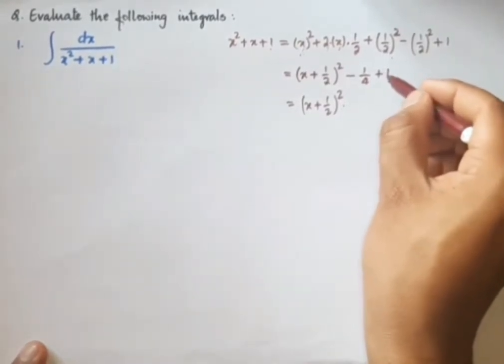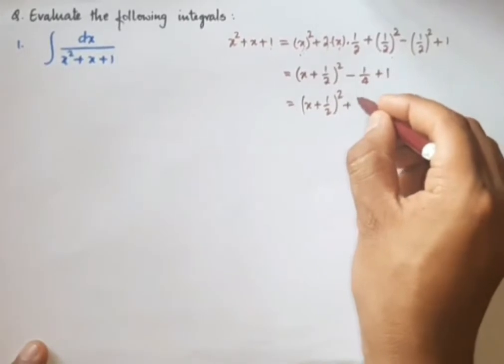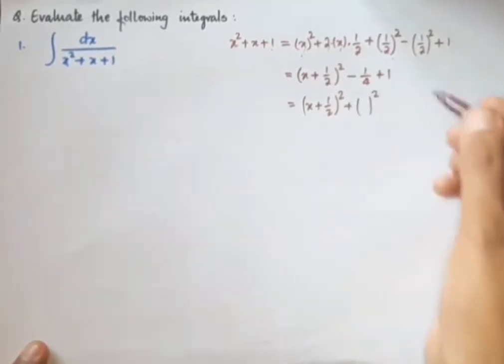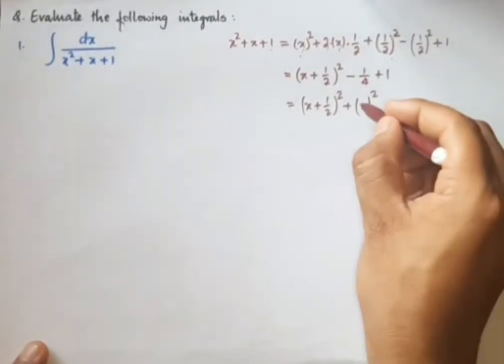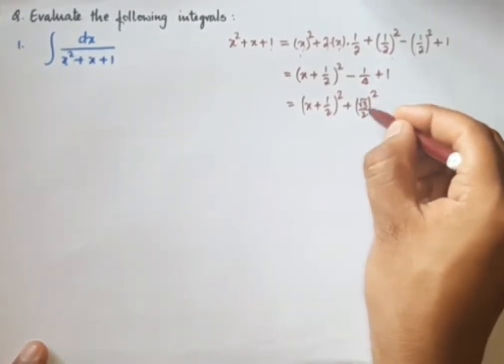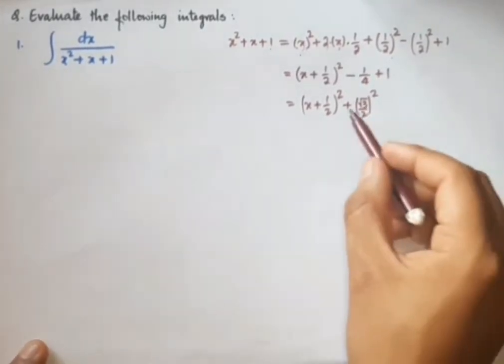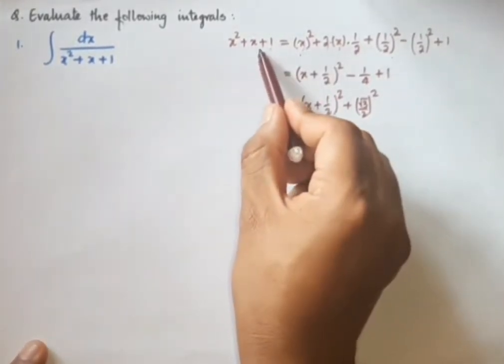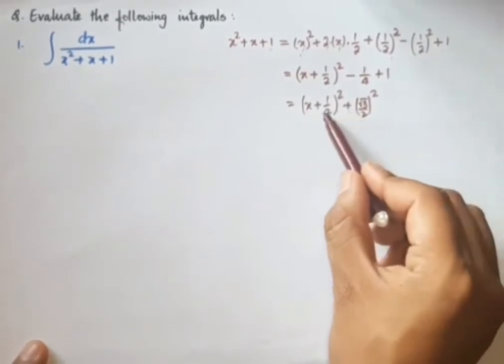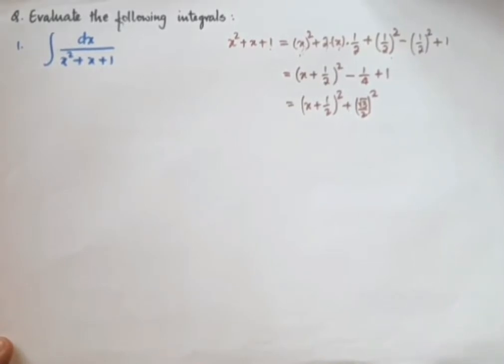Now 1 minus 1 by 4 is plus 3 by 4, but I will express that 3 by 4 as a whole square. This can be written as (root 3 by 2) squared, because root 3 squared is 3, 2 squared is 4, and we need 3 by 4. So we have expressed this quadratic expression as the sum of two perfect squares. That was our rule according to type A.